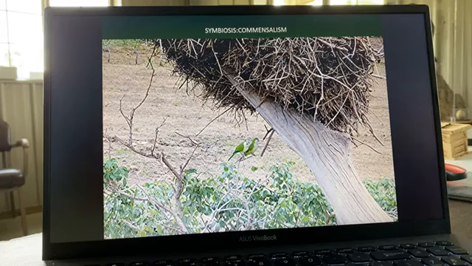They have the protection of the big nest, and second, the protection of the jabirus, because jabirus aren't going to let anything big around. So the parakeets get some benefit, but the storks don't get any benefit from the monk parakeets.